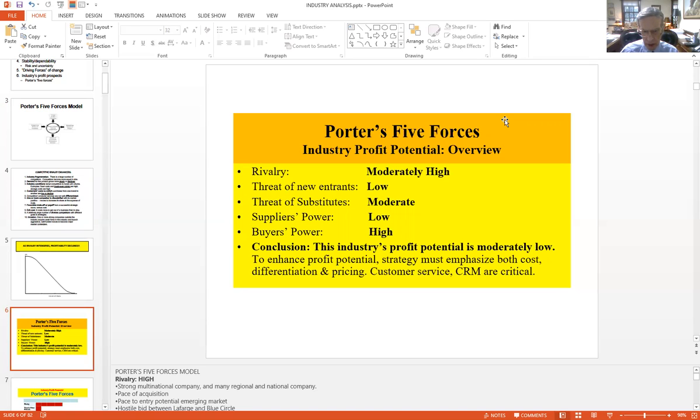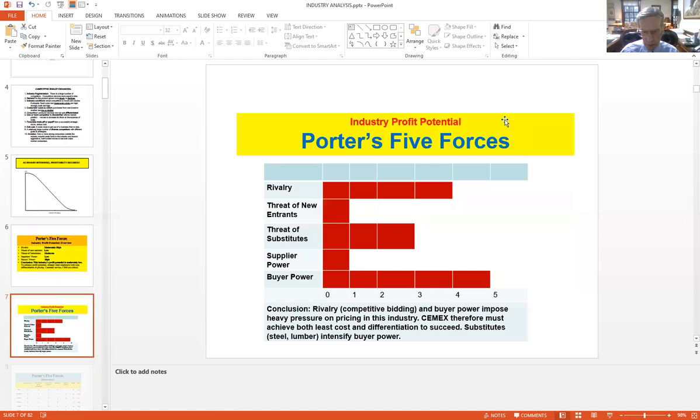But here you've got an industry that has relatively high rivalry and high buyer power. And one of the things that I think you probably can understand pretty quickly is that when rivalry is high, buyer power also tends to be high, because when rivalry is high, we have to compete more for favorable attention from our customers.